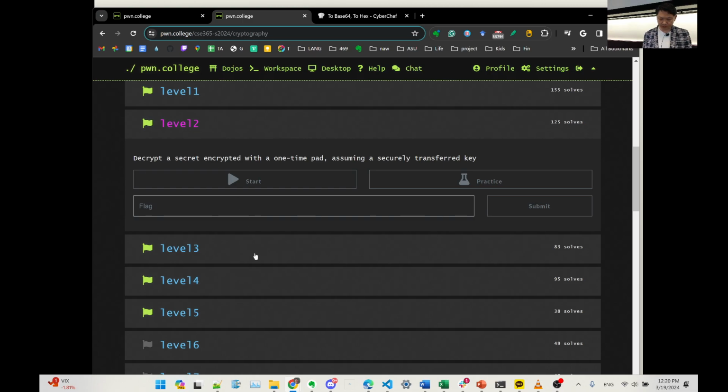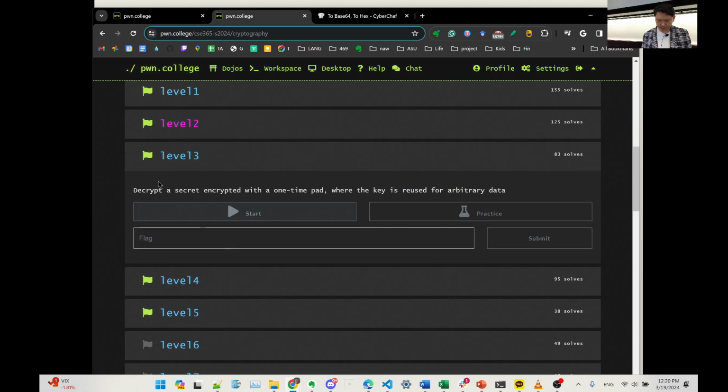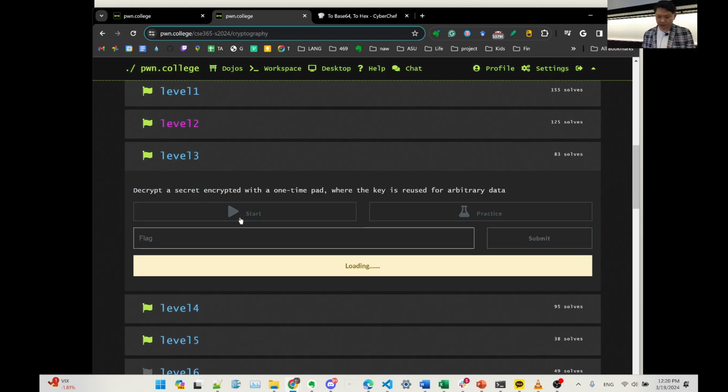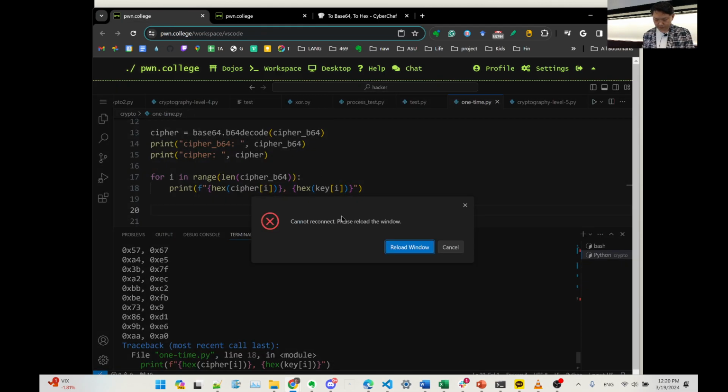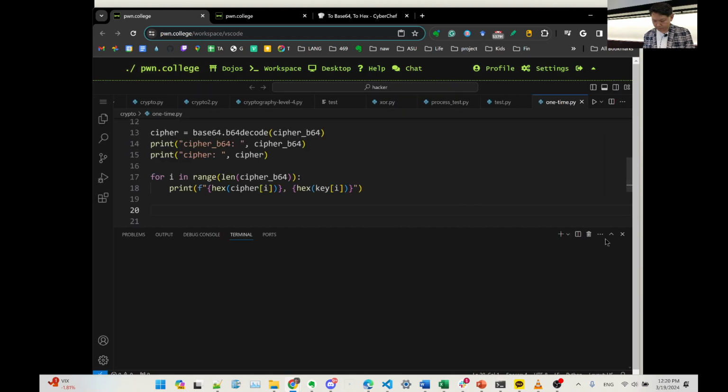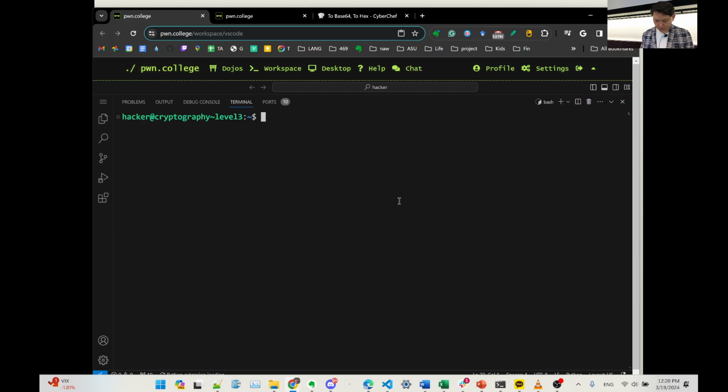Okay. Let's see one more thing. Level three. Decrypt the secret encrypted with a one-time pad, the same XORing operation, where the key is reused for arbitrary data. It's similar to level two, but let's see the level 3 challenge run.